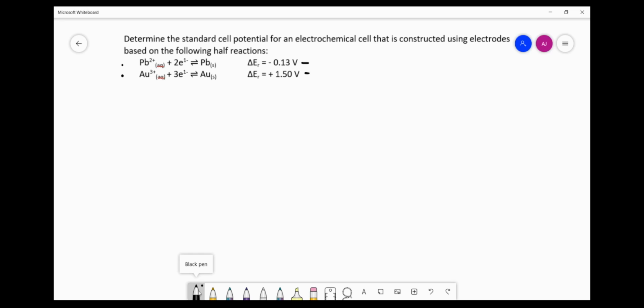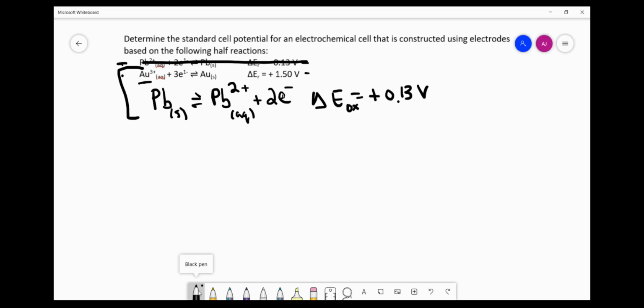The lead reaction is negative 0.13 volts. That means energy has to be put in. Comparing these two, gold is a much stronger oxidizing agent than lead. So if these two reactions were paired, the gold ions would pull the electrons towards them from the lead. So that means we need to reverse the lead reaction.